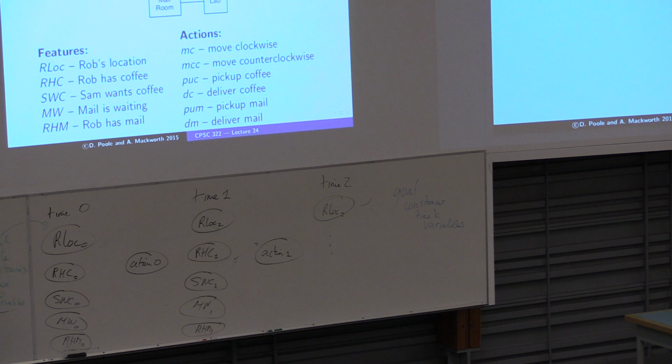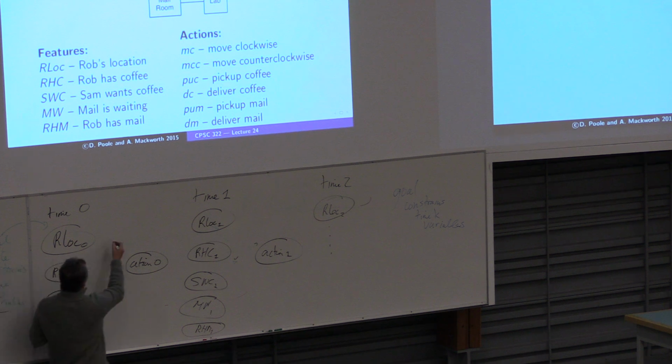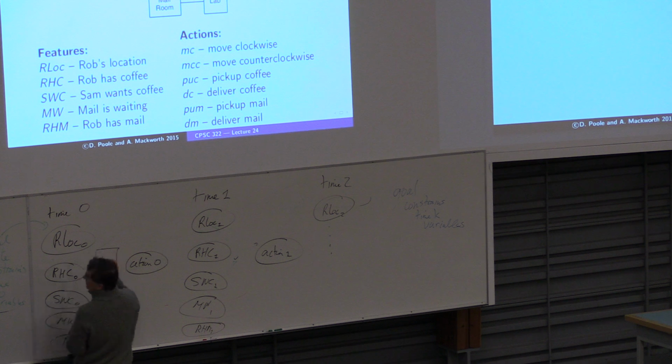Who remembers what it is? Make it up. Location is CS. Coffee shop, computer science. Right, so this is a constraint between the action at time 1 and the location. So let's put this as pick up coffee. There's a precondition constraint between this action and the location at time 0.